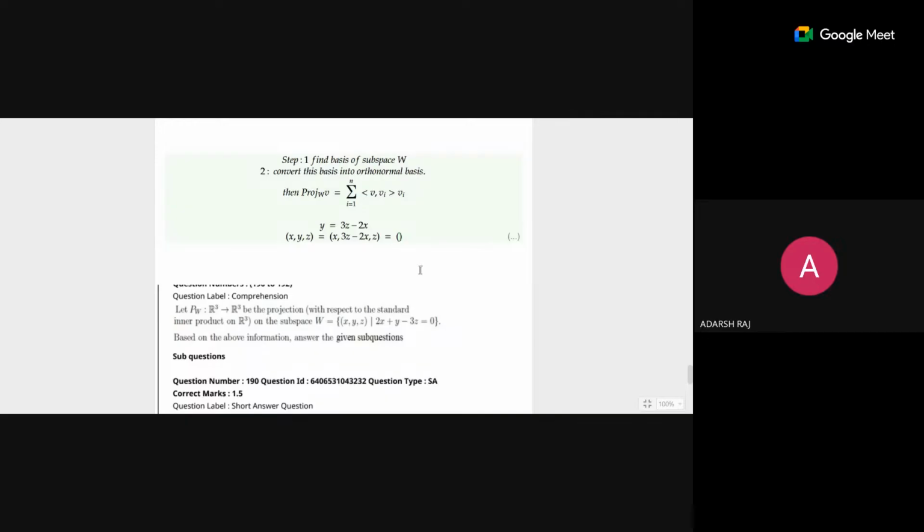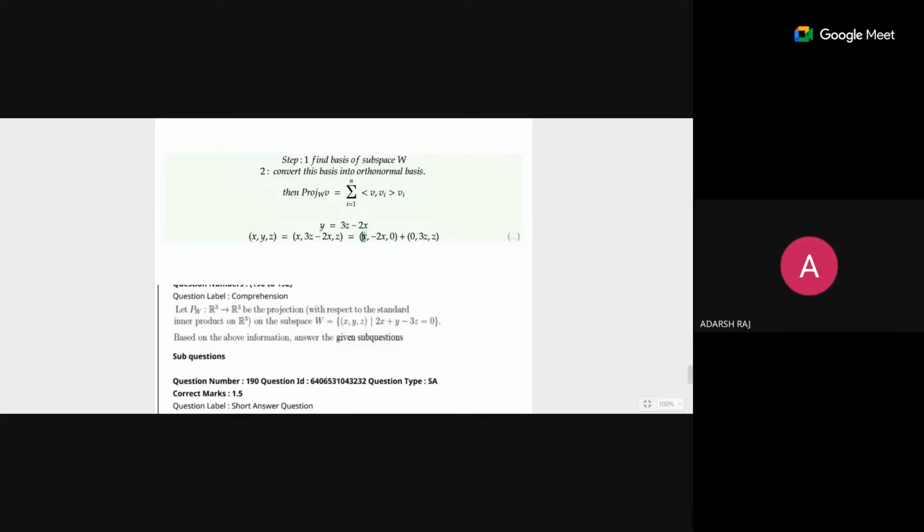So can I write like this: x, minus 2x, 0, plus 0, 3z, z.